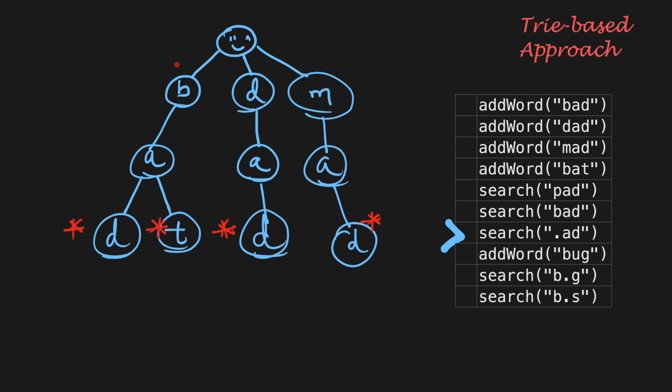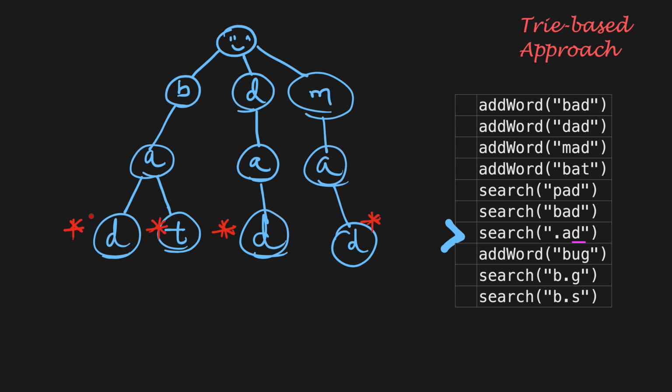So say we go to the first child, in this case the node B, and we make a recursive call to search for AD starting from here. The next character we see is A, and we check if B has a child for A and the answer is yes. So we move to node A. The next character is D, and we check if A has a child for D and the answer is yes. So we move to it.